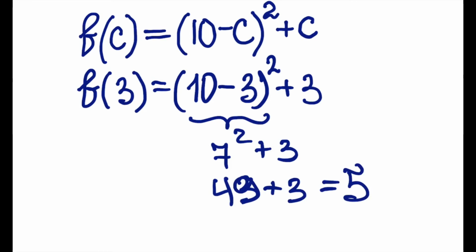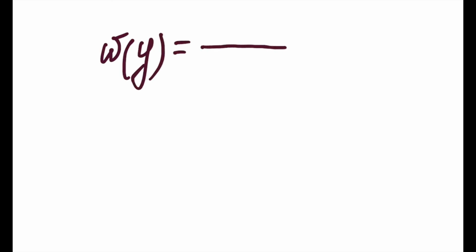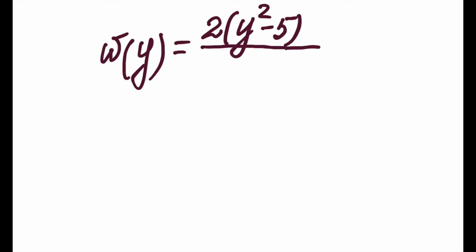Let's say your function is w of y, and the function is a fraction where you have 2 times y squared minus 5. All that is divided by 10 minus 3y, for example.